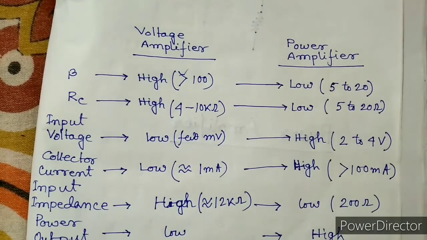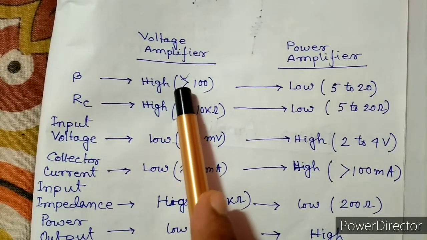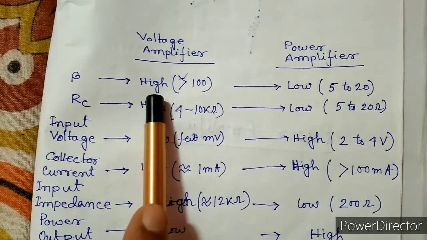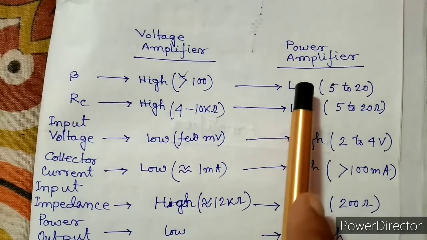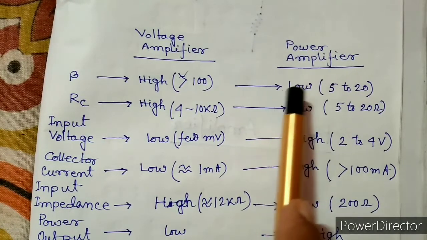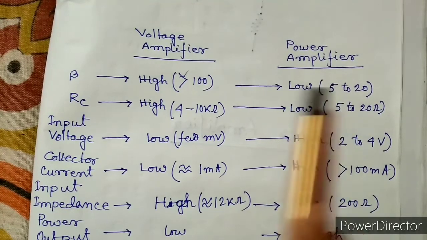Now, let us discuss the differences between a voltage amplifier and a power amplifier. In a voltage amplifier, the beta value is very high, greater than 100, and for a power amplifier the beta value is low, between 5 to 20.